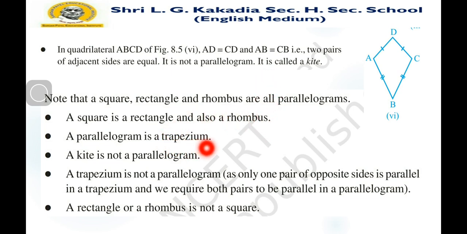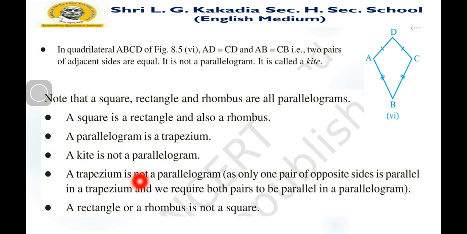So we cannot say that a trapezium is a parallelogram. The converse is not true. A kite is not a parallelogram. A trapezium is not a parallelogram as only one pair of opposite sides is parallel in a trapezium and we require both pairs to be parallel in parallelograms.